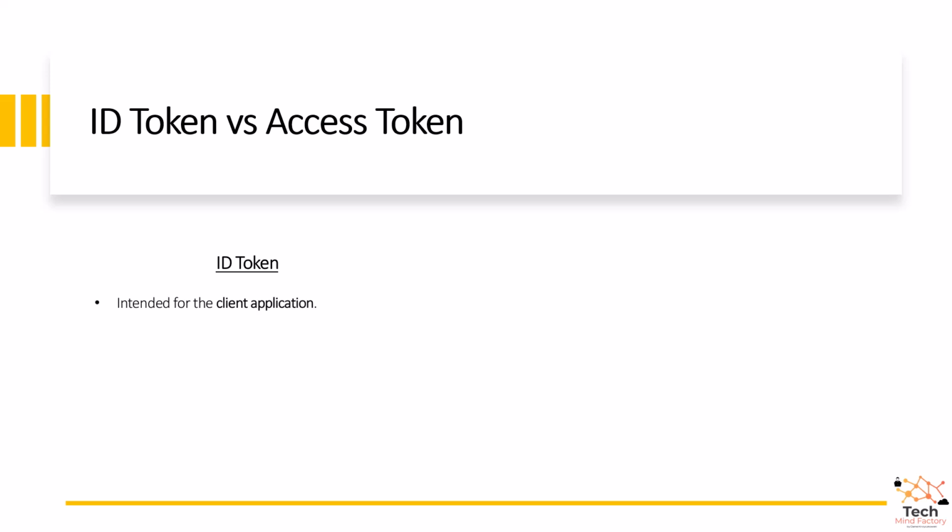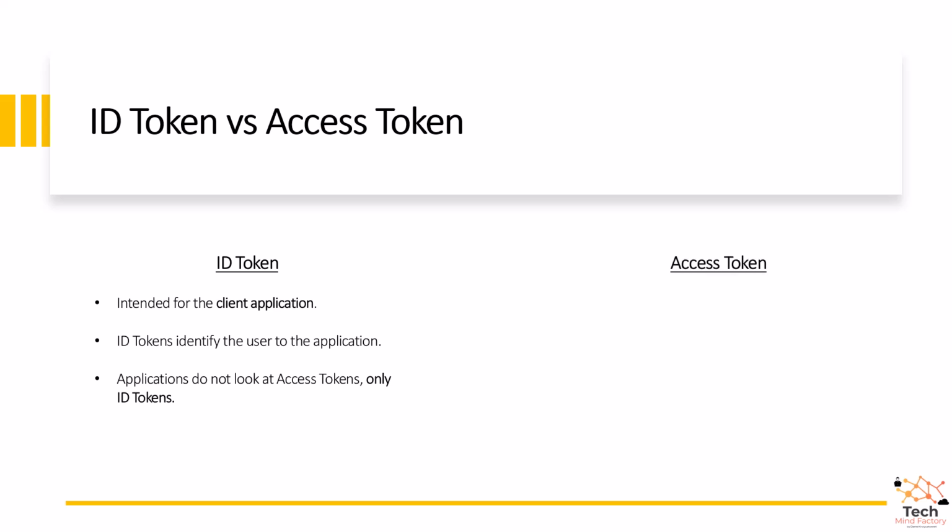When you hear ID token, it's meant to be used with the client application where the user authenticated. ID tokens identify the user to the application. The ID token is used to confirm the user identity, to answer this question: who the user is. Applications do not look at access tokens, only ID tokens. So you never inspect the access token on the client application side.